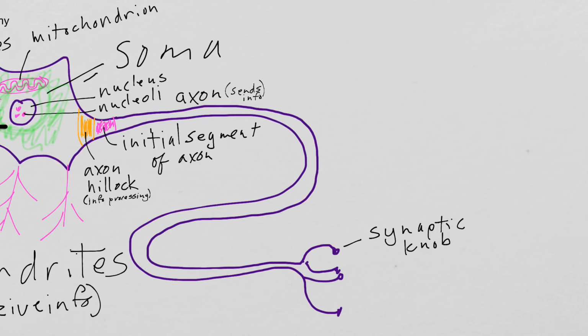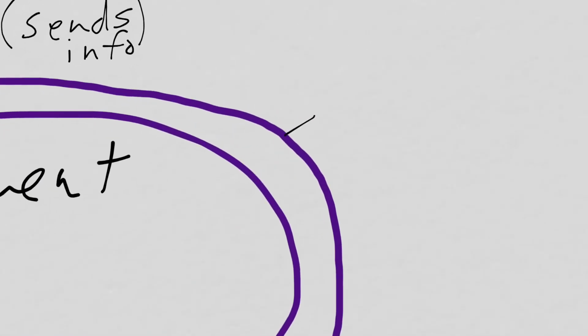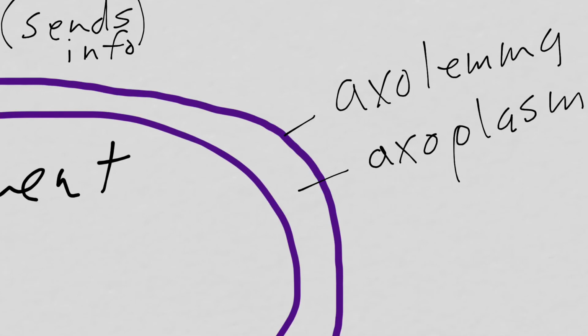So there are parts of the axon that we need to know. The axon membrane is the axolemma. And the stuff inside the axon is, in general, axoplasm, which we'll talk about, axoplasmic transport, moving stuff through the axoplasm, when we get there.